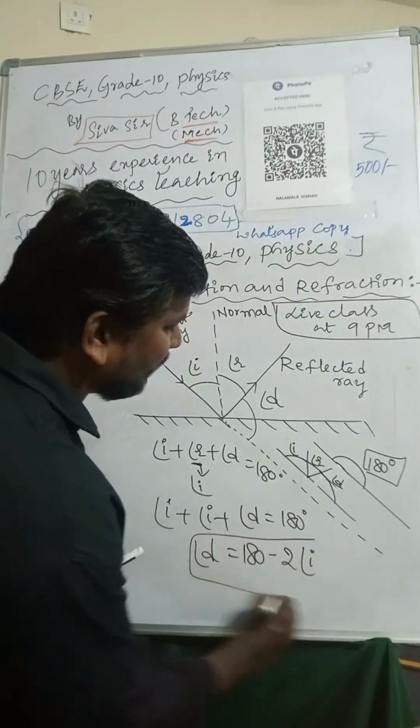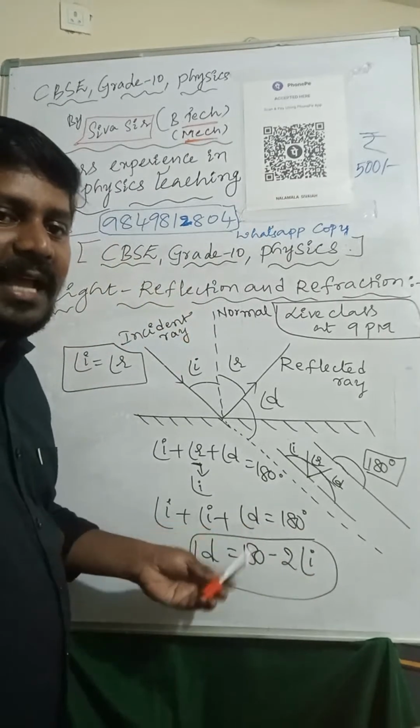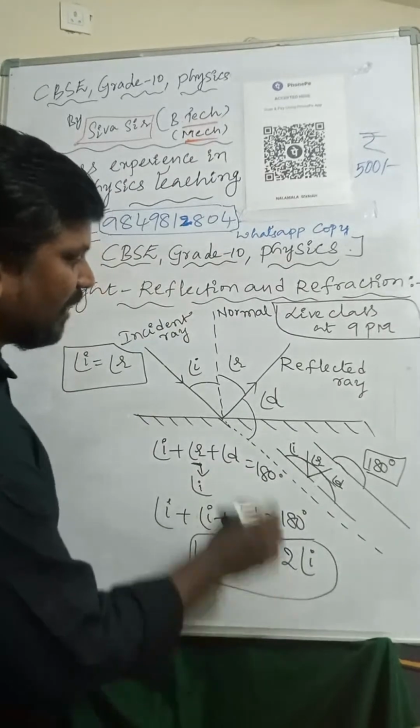In the same manner, if you take the angle of reflection, the angle of deviation equals 180 minus 2 times the angle of reflection.